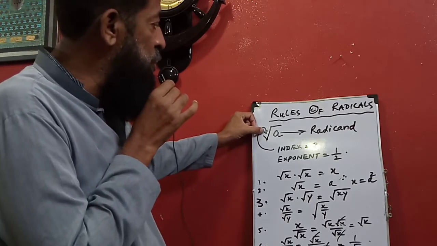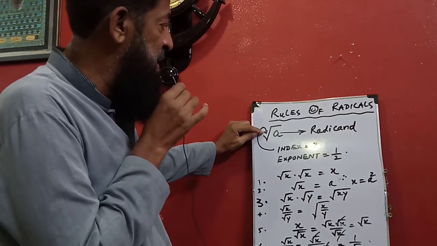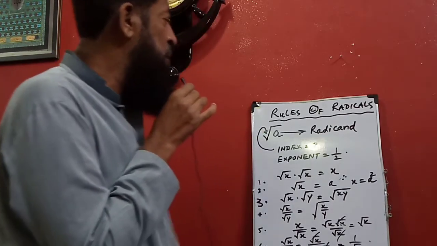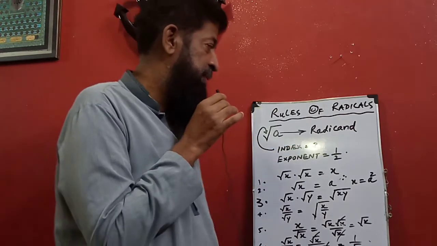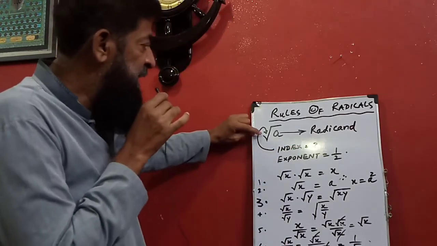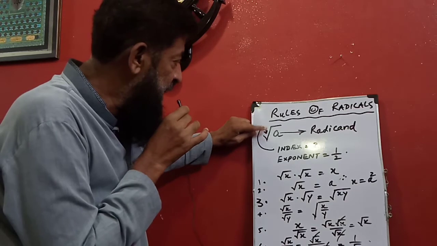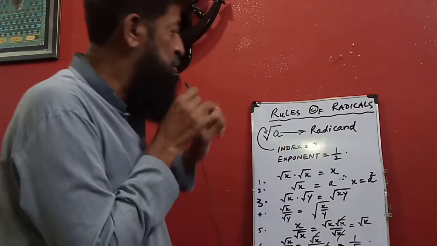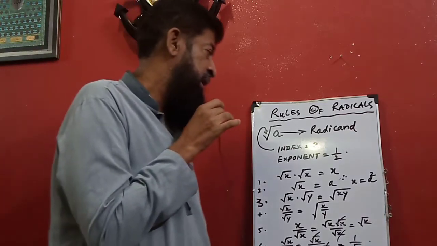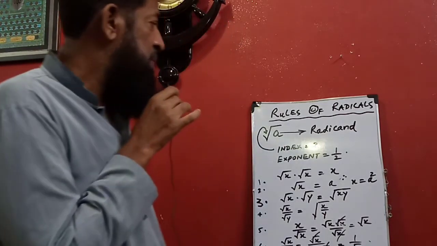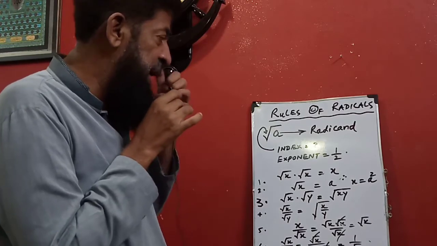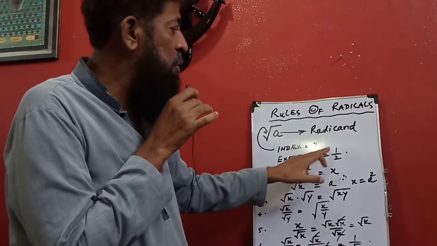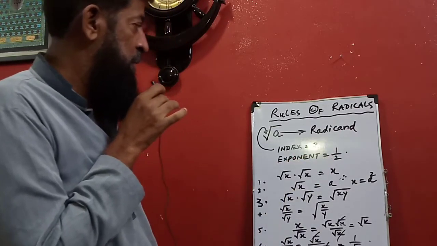If there is no number present, that means 2 is present, and this 2 is called the index. This index is changed into the exponent equal to 1 upon 2.